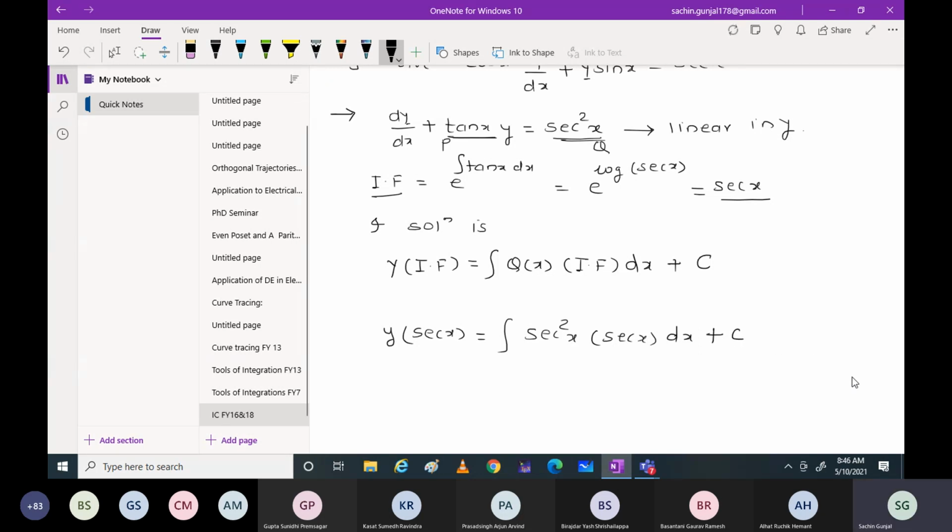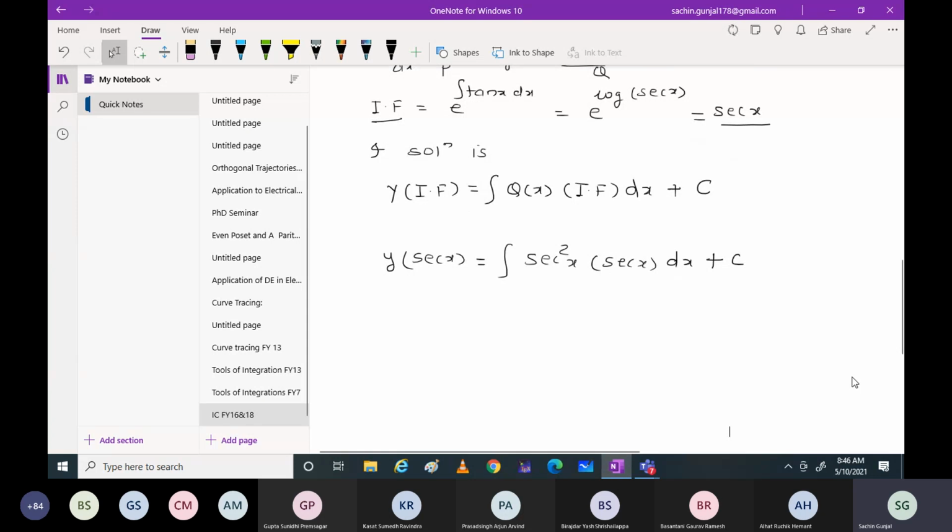Now, how do you deal with this integration? Anybody would like to comment?